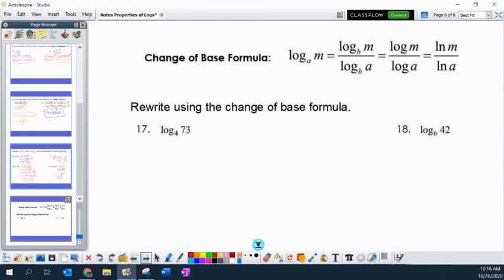And then you had to use one of those bases. So if you were working a problem and it had a different base, here in our property it's base a, you would have to convert it to either base 10 or base e so that you could then look up your answer in the tables. So that was one of the biggest uses of changing base: to get it in a form that you could find in your pre-printed tables.